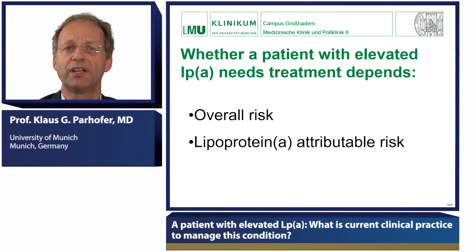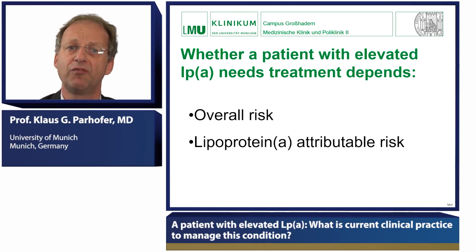Thus, before deciding whether a patient needs treatment, you have to determine the overall cardiovascular risk in the patient, and you also should try to see what is the lipoprotein(a) attributable risk. Thus, if that is a patient with diabetes, hypertension, and smoking, then a mildly elevated lipoprotein(a) is probably not contributing that much to his risk compared to the other risk factors.